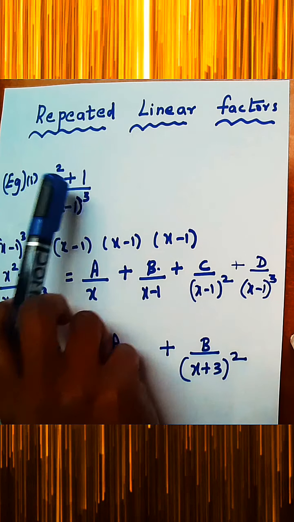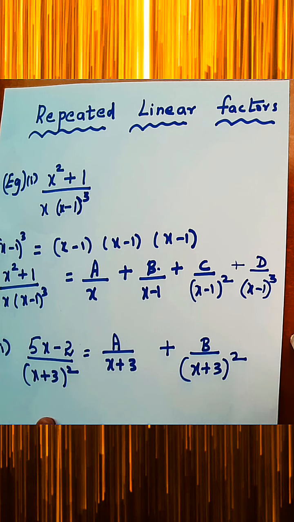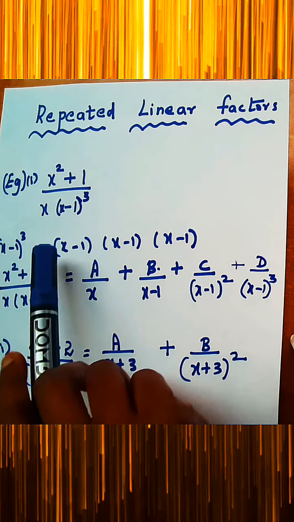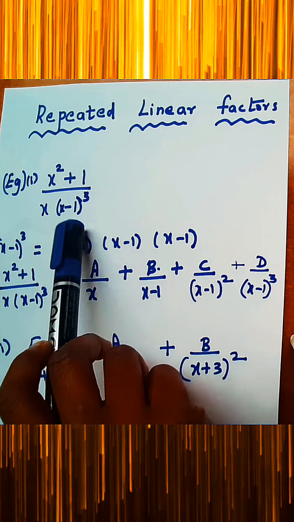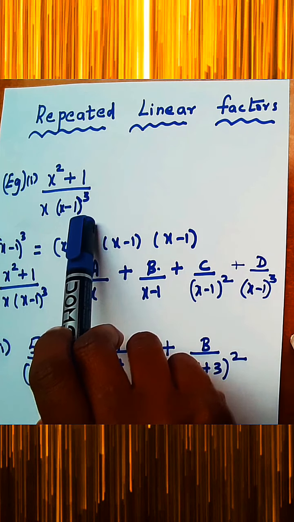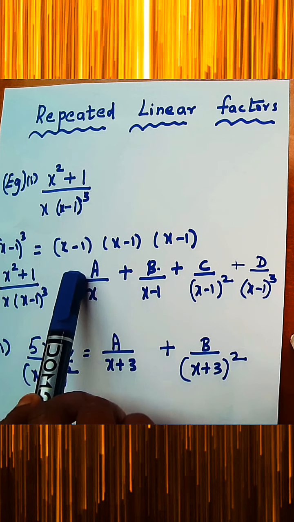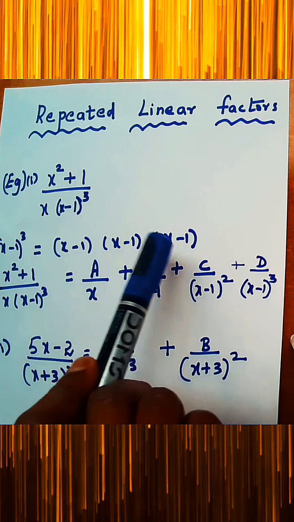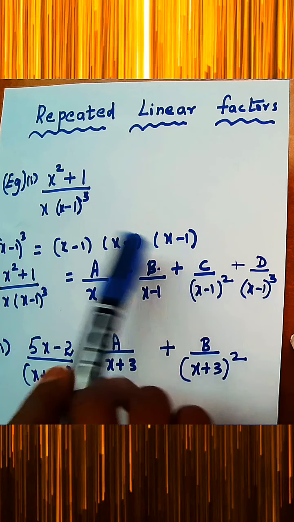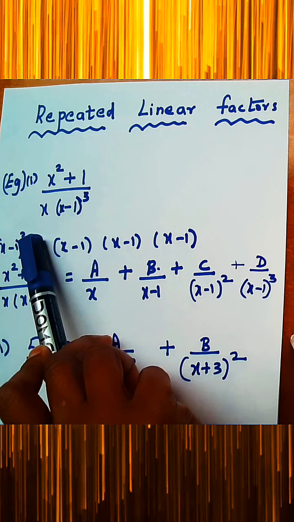Numerator power is less than the denominator power, so definitely it's a proper fraction. But see the denominator: you have x minus 1 the whole cube. X minus 1 is repeated 3 times. I can write it as x minus 1 times x minus 1 times x minus 1. Now how can I write this in terms of partial fractions?